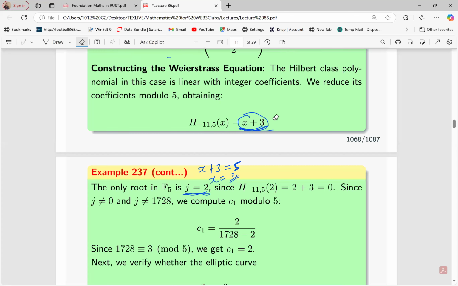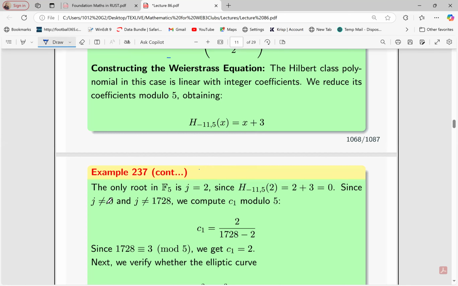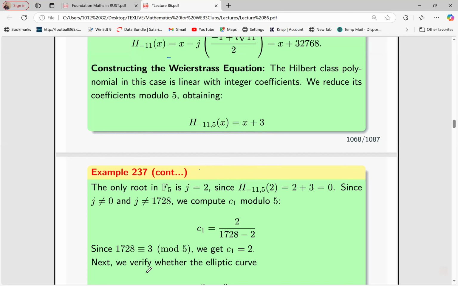So this is how we calculate our J, the one that we want to use to choose the scenario for the curves. Remember our scenarios. In our case, J is 2, so it's not equal to 0, and you can also see that this J is not equal to this. So if that is the case, you calculate C1.